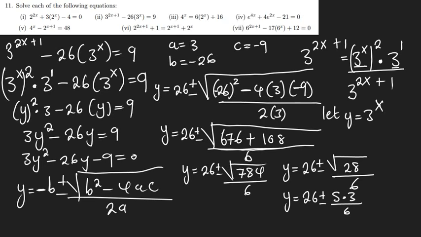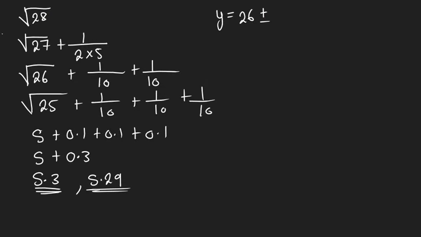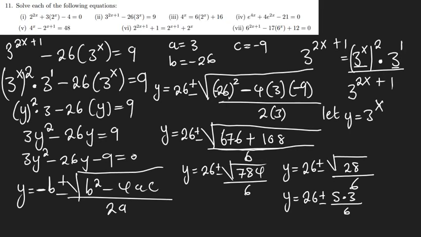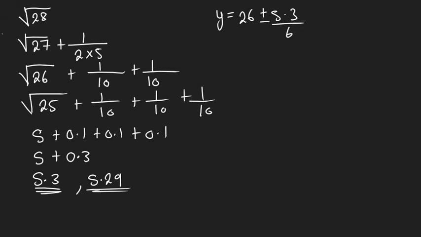Let me see, this is 5.3. So 5.3 over 6. Okay, this is interesting. So what is 26 plus 5.3? So you can say 26 here, 0.0, then we have 5.3.